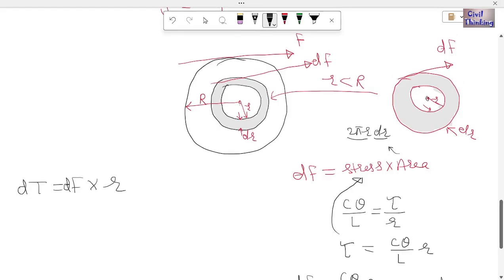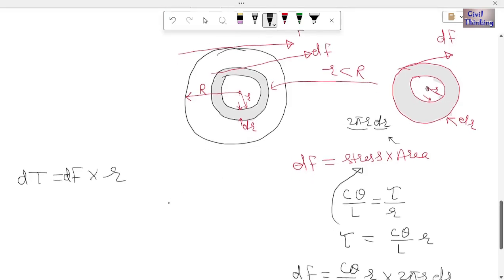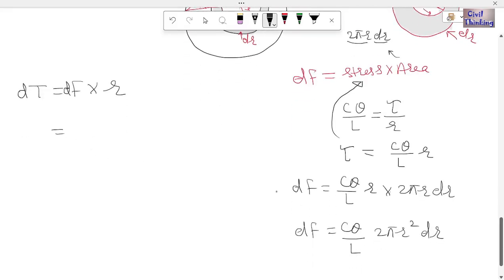So the torque is dF times r, and we have the relation for dF, C theta divided by L times 2 pi r square dr.